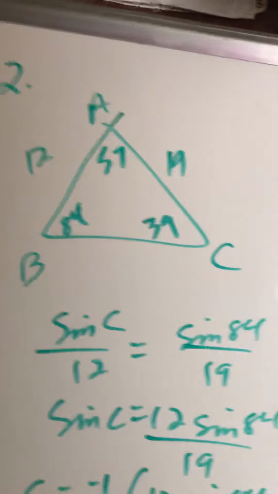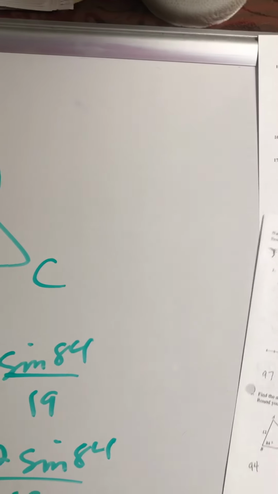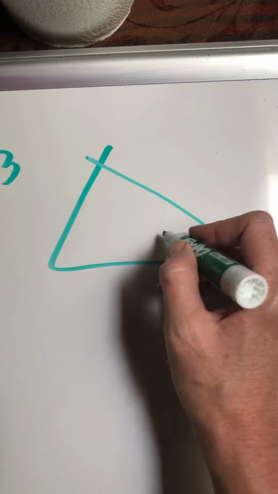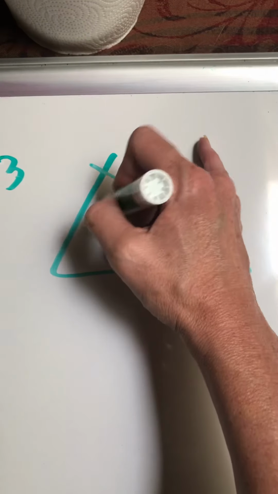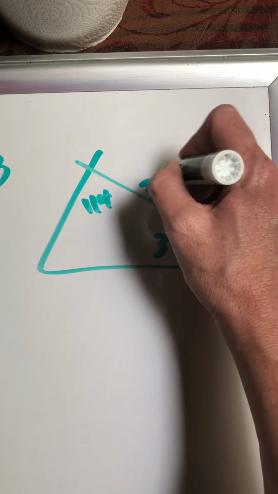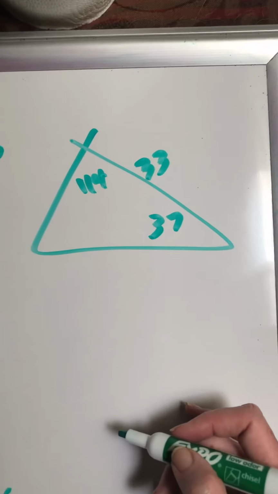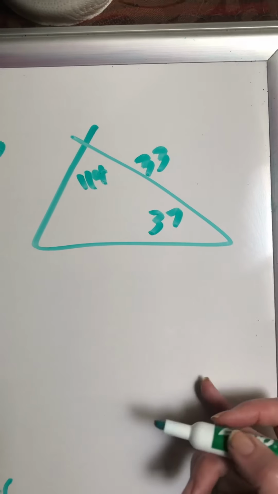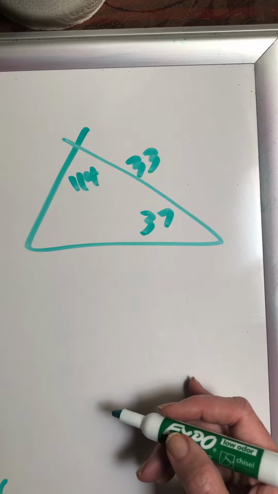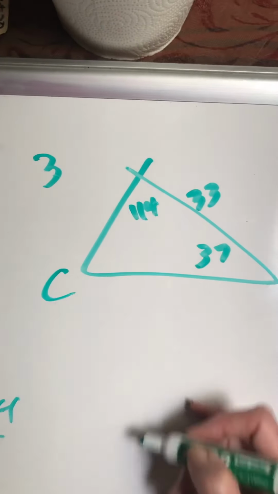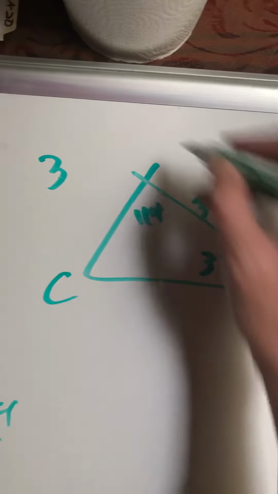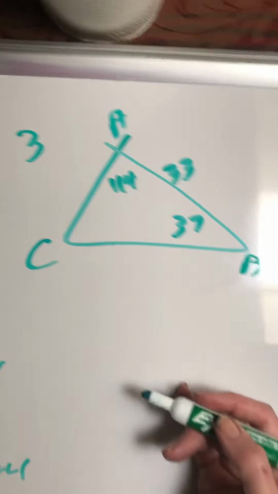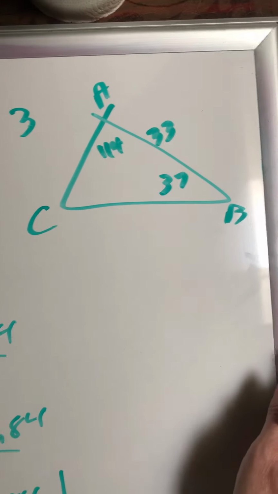So that's number 2. Then number 3, we've got a triangle again. This is 37, this is 114, and this is 33. We want to know how far each player is from the football. Here's the football at C, and this is B and A. We want both of these sides, so again, we're doing law of sines.